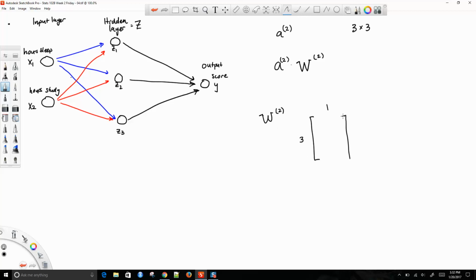So we're going to have W1,1, W2,1, and W3,1, because we have 3 nodes in and 1 node out. So this is going to be 3 by 1, exactly.